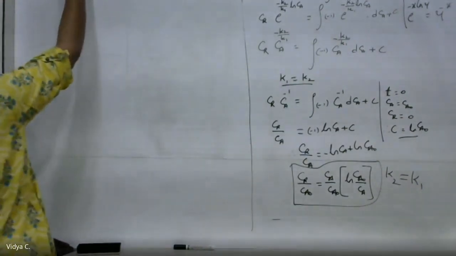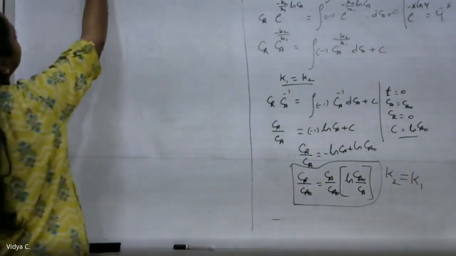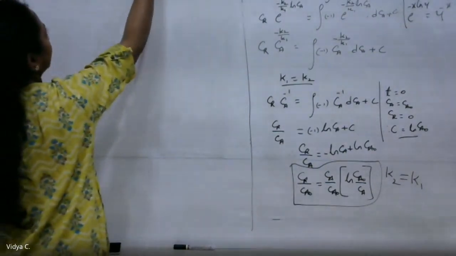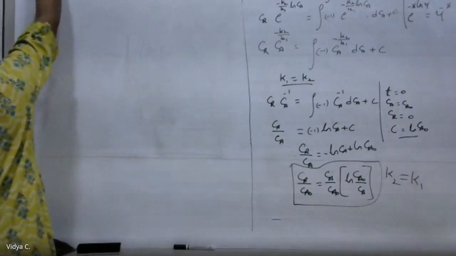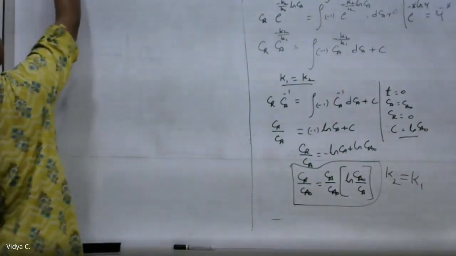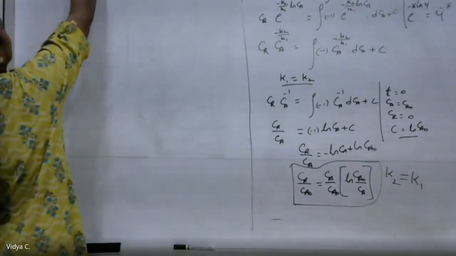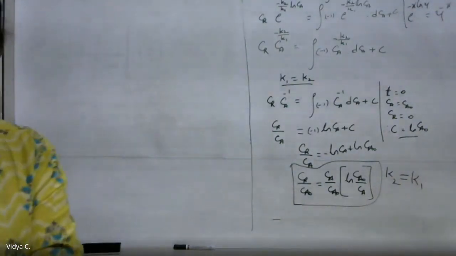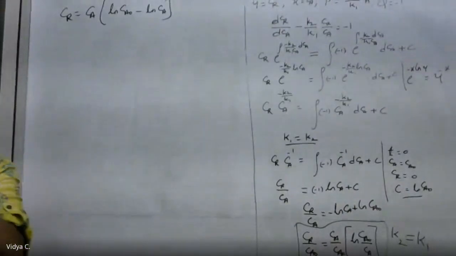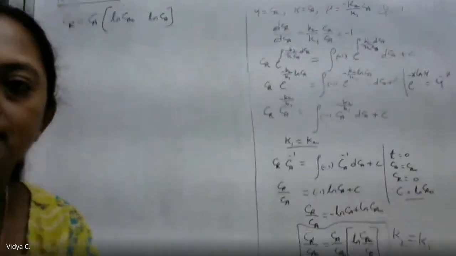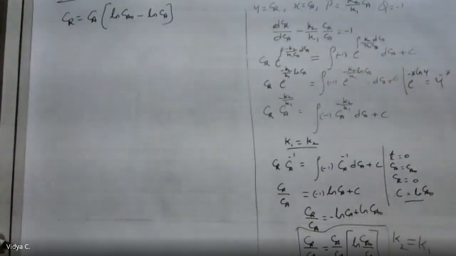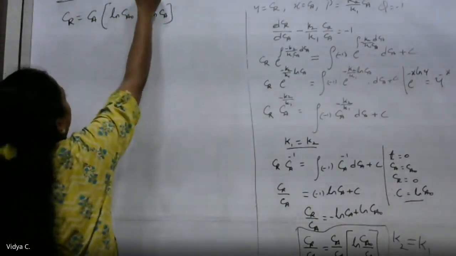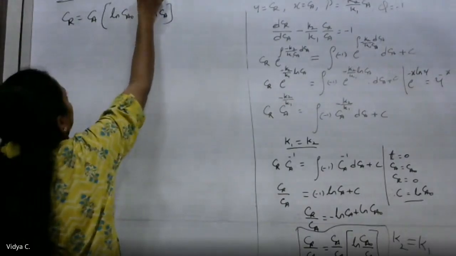CR is equal to CA into ln CA naught minus ln CA. To find CR max, I'm now finding CR max for K1 equal to K2.